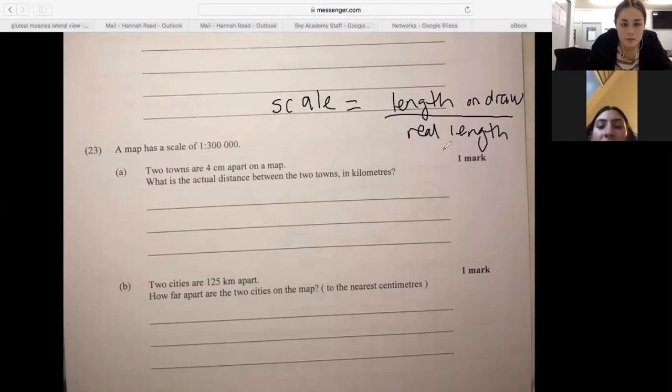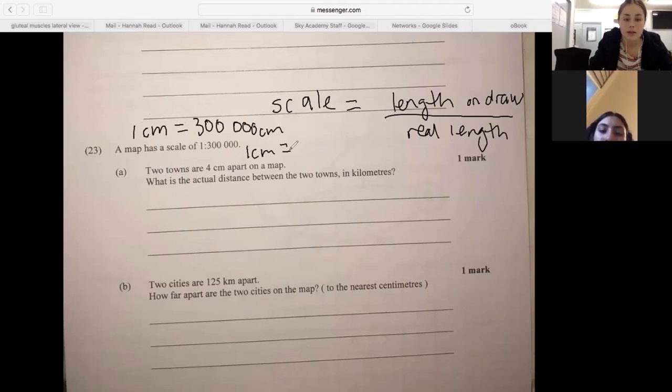So it has a scale of that. 2 towns are 4 centimeters apart on the map. So I think the scale is saying that 1 centimeter equals 300,000 centimeters. So 1 centimeter equals, what is it?